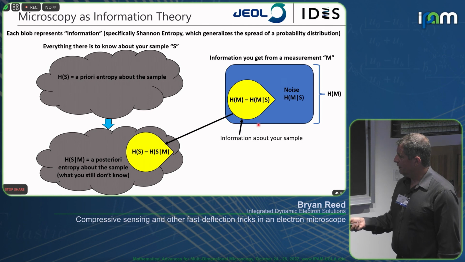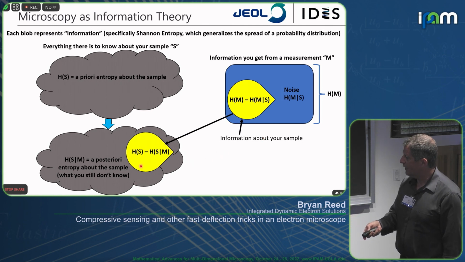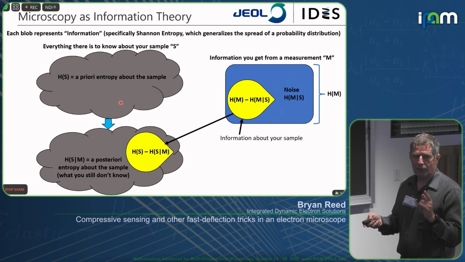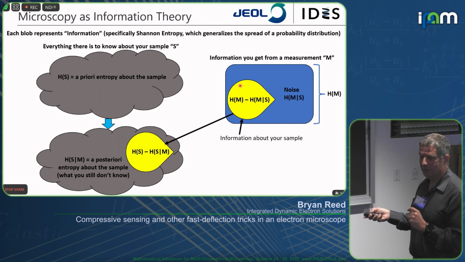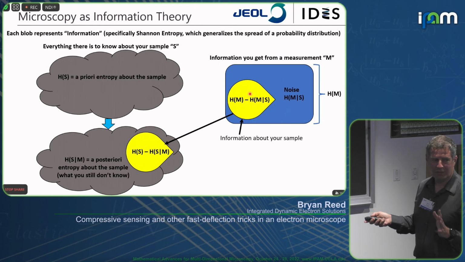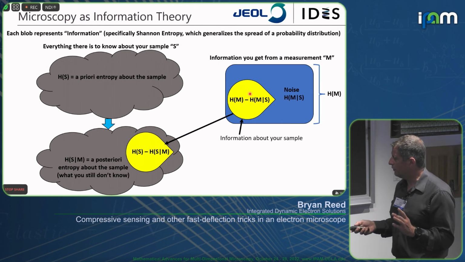So that gets plugged directly into this thing. So now the entropy of the sample, the stuff you don't know about your sample, is reduced by precisely the measure of this yellow teardrop. So it turns out that H(S) minus H(S given M) is equal to H(M) minus H(M given S). That's a standard result in information theory.